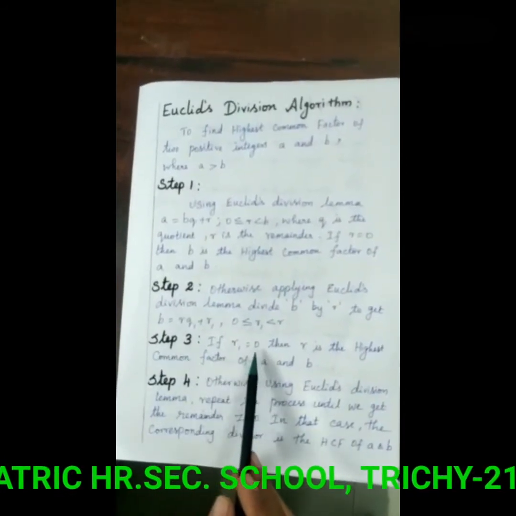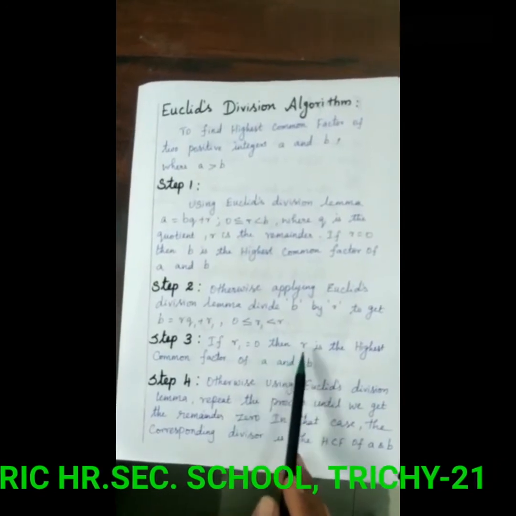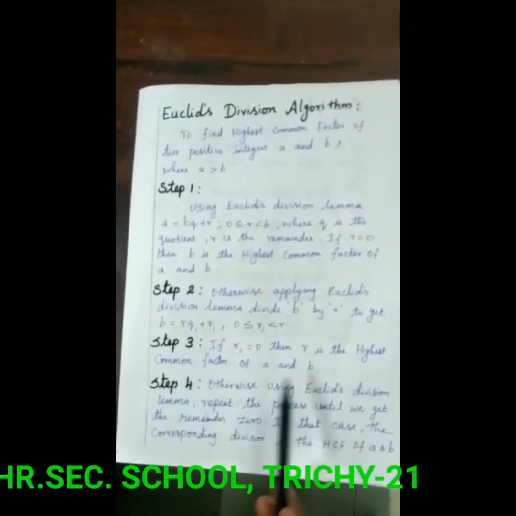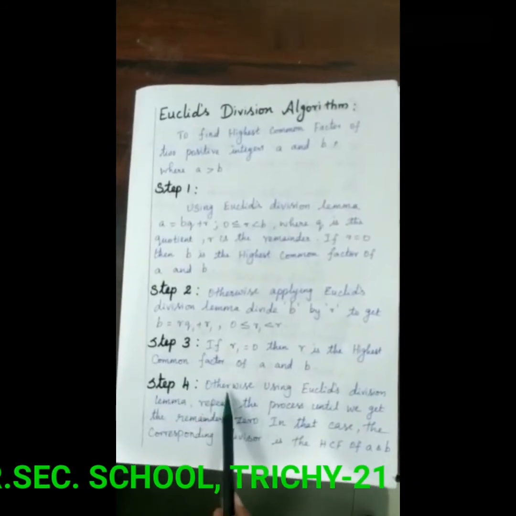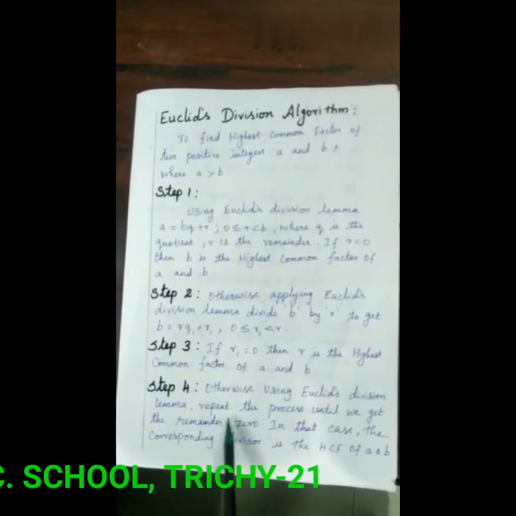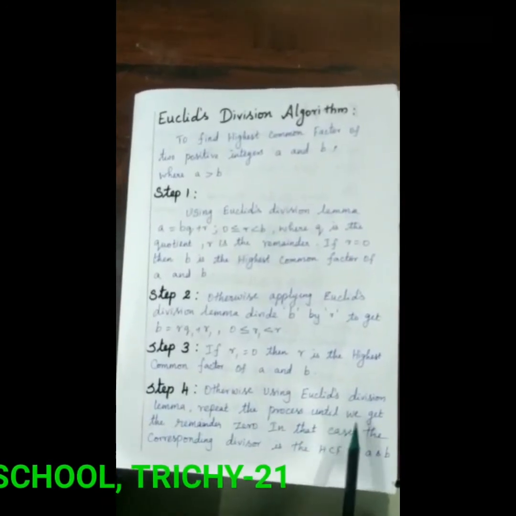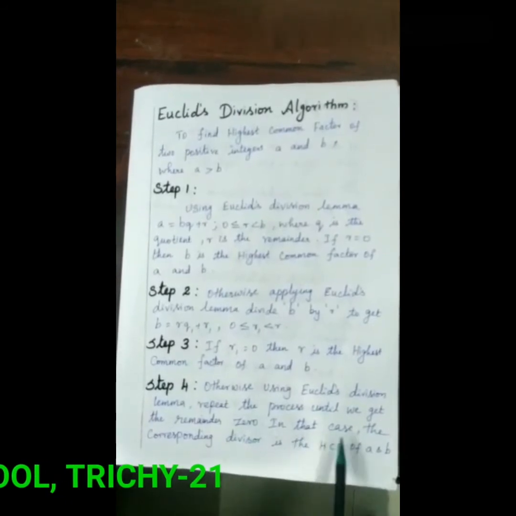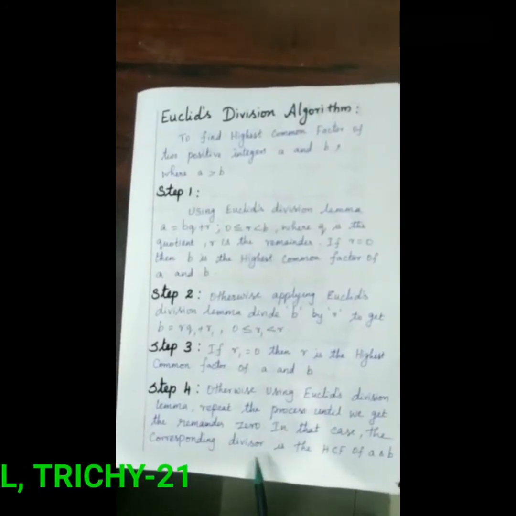If r1 is equal to 0, then r is the highest common factor of a and b. Step 4. Otherwise, using Euclid's division lemma, repeat the process until we get the remainder 0. In that case, the corresponding divisor is the HCF of a and b.